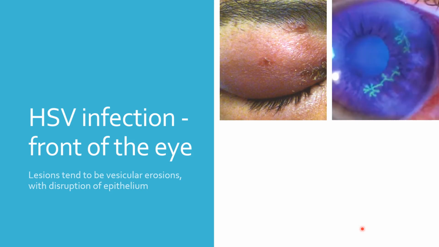The hallmark corneal features, and they're green because this eye is stained with fluorescein, are these erosions in the cornea that have this dendritic branching shape. These are called dendritic ulcers or dendrites, and this is classic for herpes. And again, the hallmark is it's an interesting branching shape, but it's a breakdown in the epithelium. There's no epithelium in the areas that are stained green.